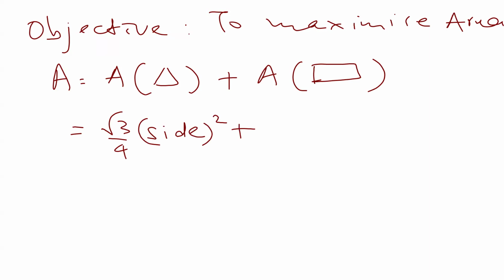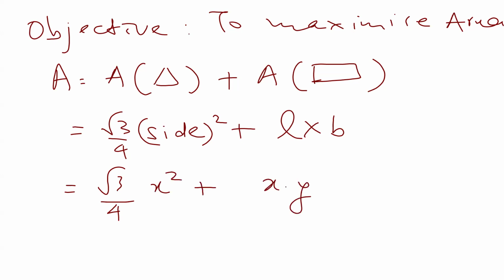And this is length into breadth. You have the diagram right in front of you. Can someone tell me the side of the equilateral triangle? x. Correct. Length into breadth is x into y.